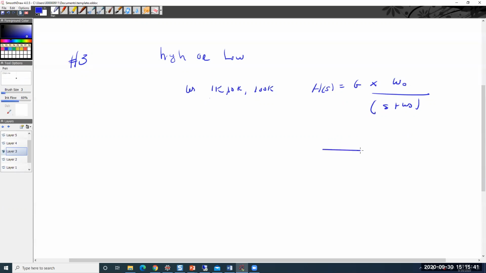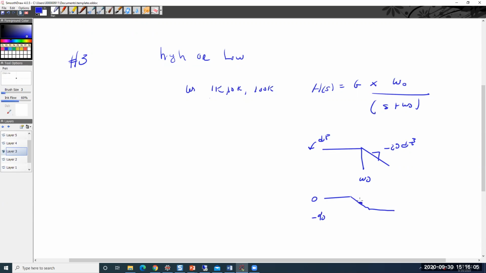And then for the Bode plot, what you really need is minus 20 dB per decade, whatever this is in dB, and you need that to be omega naught. And then the phase going from 0 to minus 90.